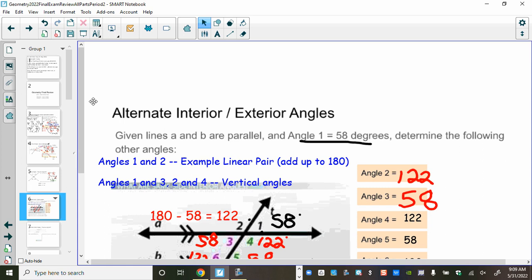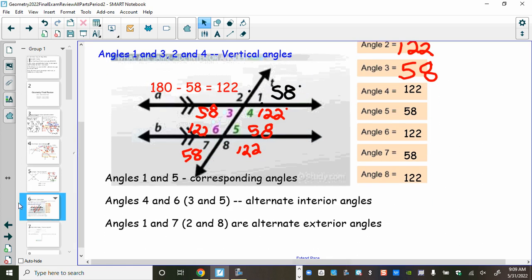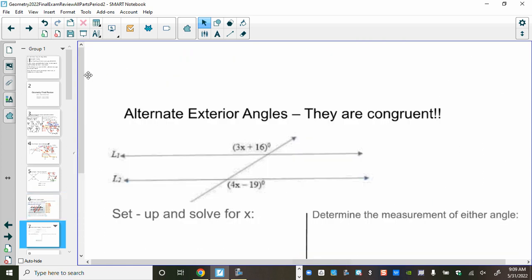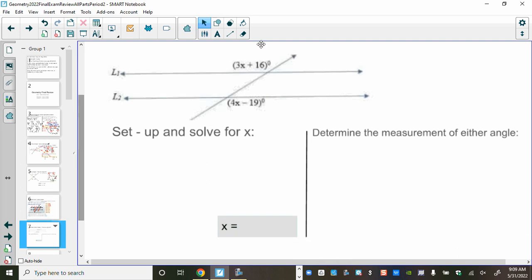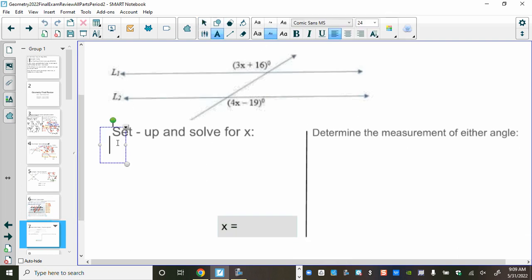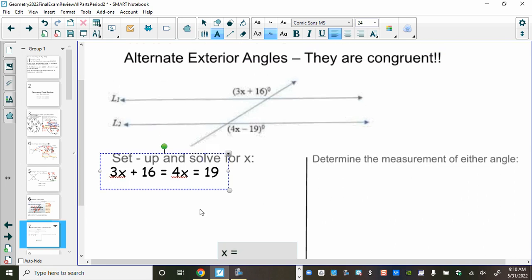So similar to here, alternate exterior angles, they're congruent. Is that true? If these angles are congruent, do we set them equal to each other? Yes and no. I just see you all writing.